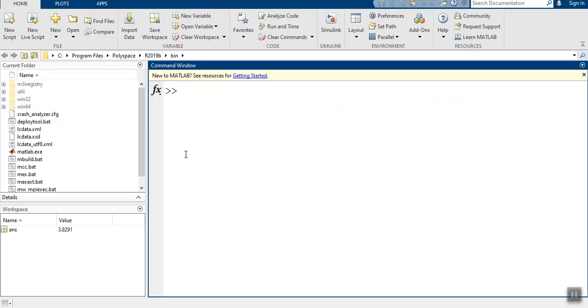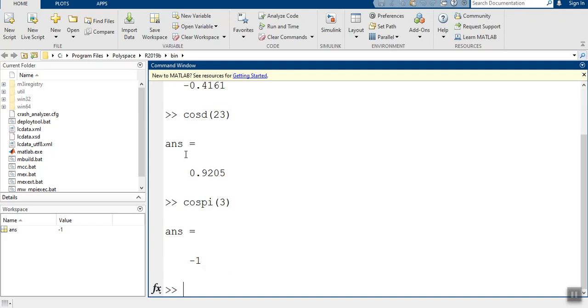COS of 2, cosd of 23 degrees. Next, cospi of 3, cos 3 pi, the value is -1.